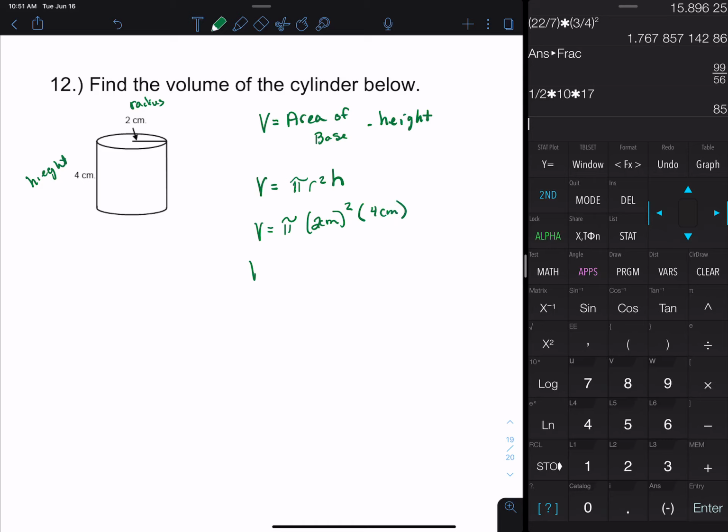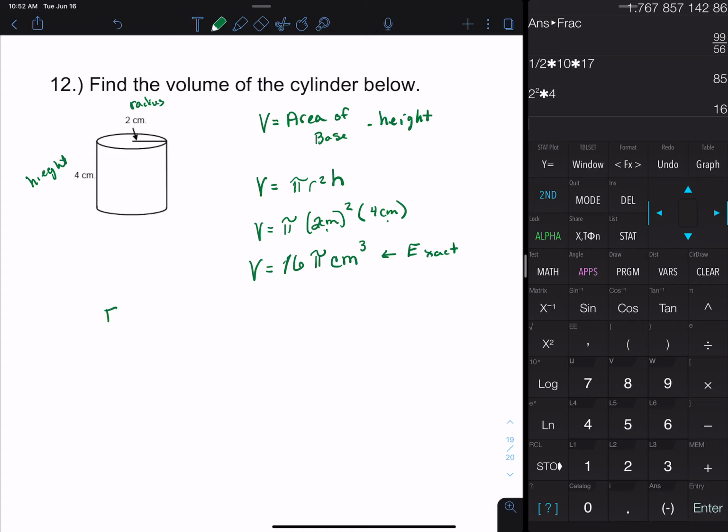So if they asked us for an exact answer, I would just multiply the number parts. So I'd have 2 squared times 4, which gives us 16. So we could say 16 pi, and then we have centimeters times centimeters times centimeters. So we'd say centimeters cubed. So this is what we would give if they asked for an exact answer. If they asked us to estimate, normally they tell us to use 3.14 for pi.